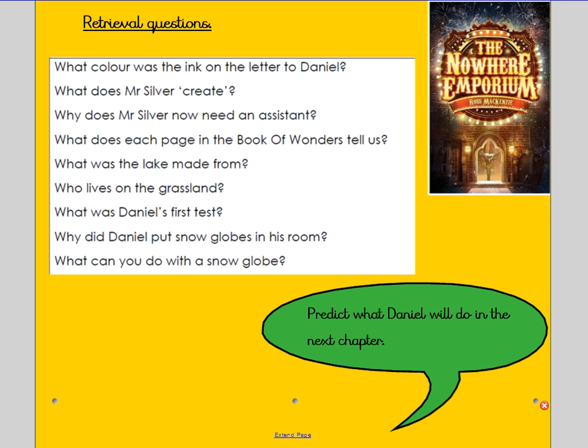What was the lake made from? Who lives on the grassland? What was Daniel's first test? Why did Daniel put snow globes in his room? What can you do with a snow globe?